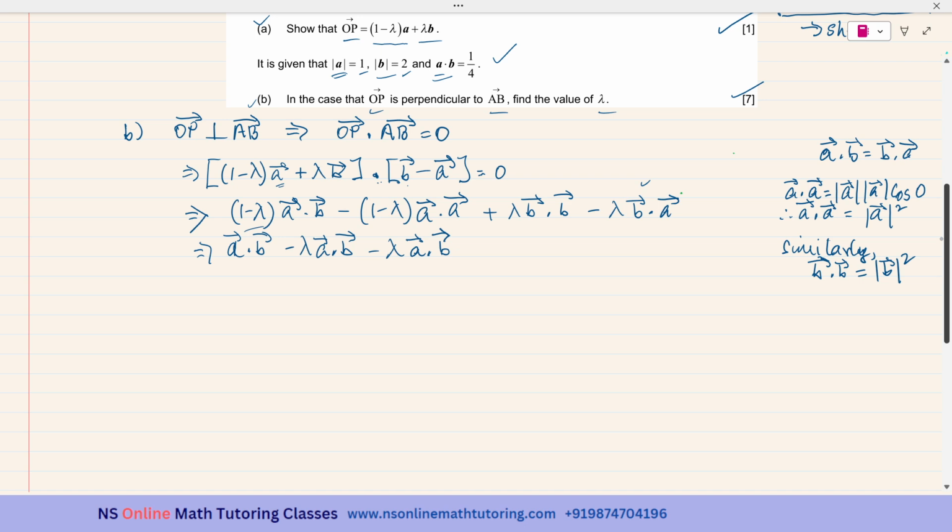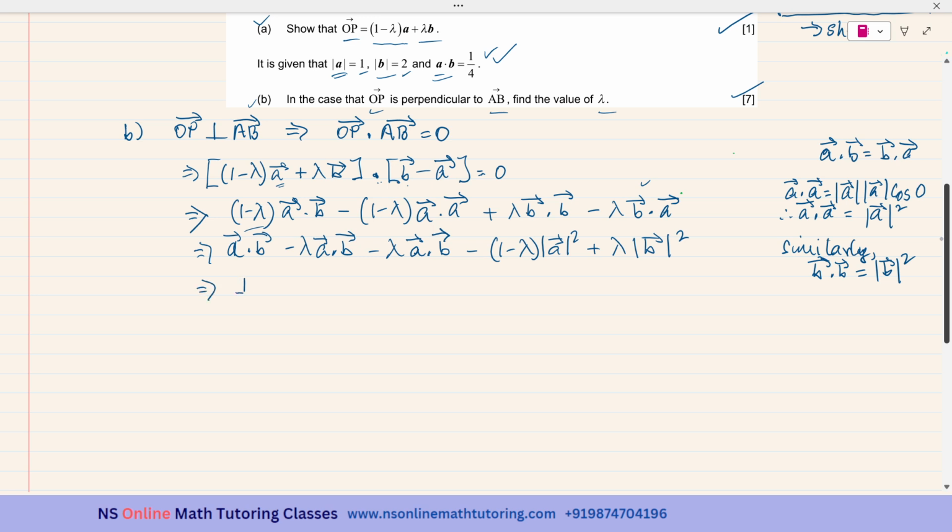And this one is minus 1 minus lambda magnitude of the A vector square plus lambda magnitude of the B vector square. Okay. So A dot B is equal to 1 over 4.